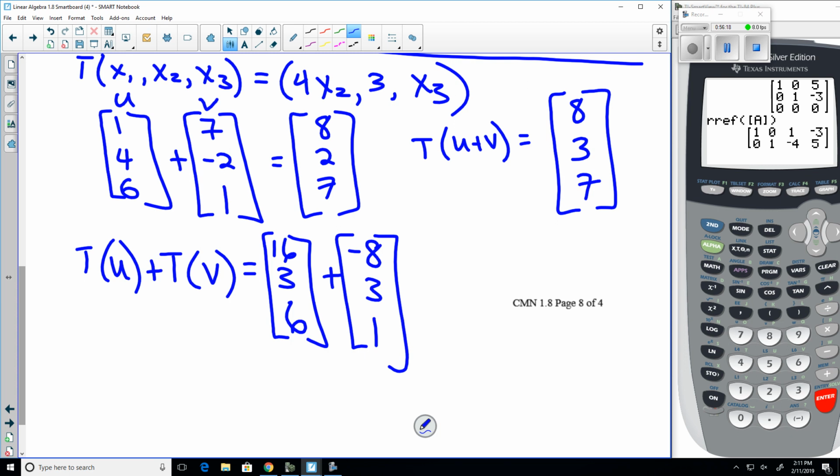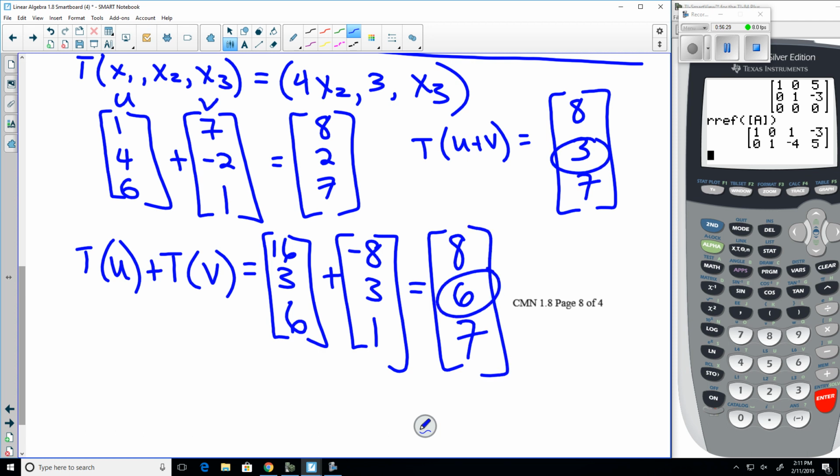What happens when you add those together? You get the 6 instead of the 3. Does it also fail the other test? Yes, it will fail the other one too.